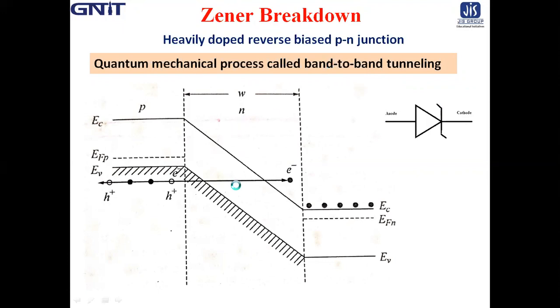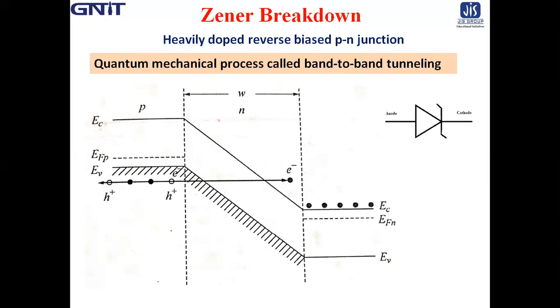Such a high electric field is possible if the junction is abrupt and the doping concentration in both P and N regions is high, so that the depletion layer width becomes narrow.